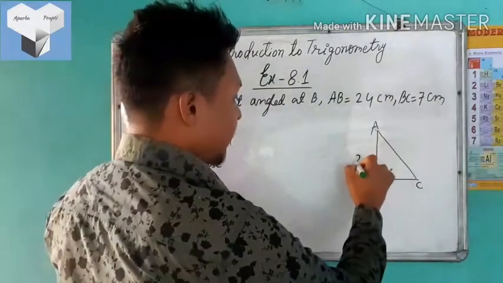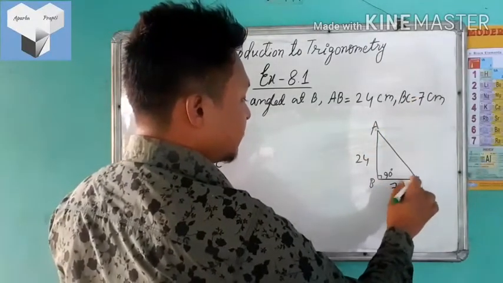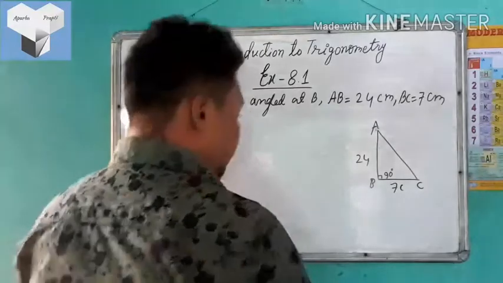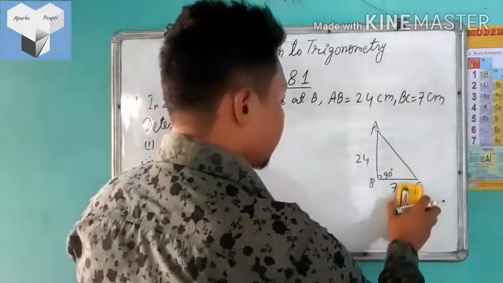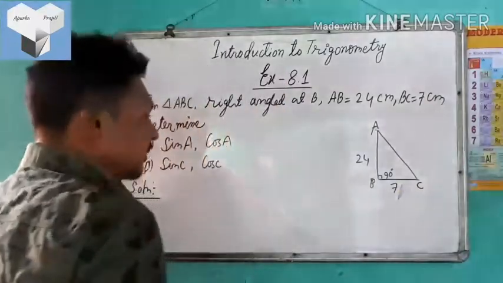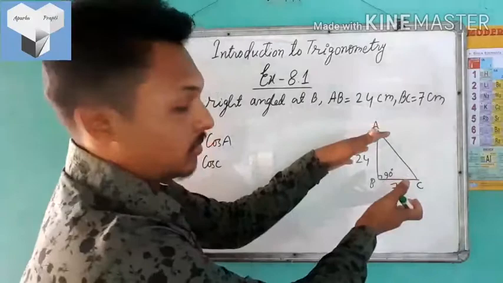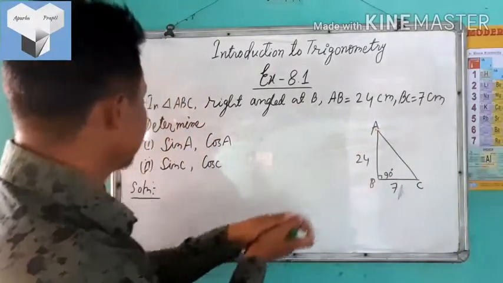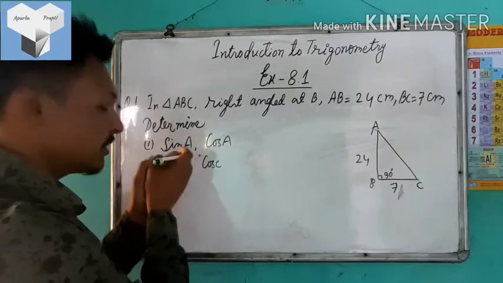This AB will have 24 centimeter length and BC will have 7 centimeter. So simply this data is given for us, and using this data we need to find the value of sin A, cos A, sin C, cos C.